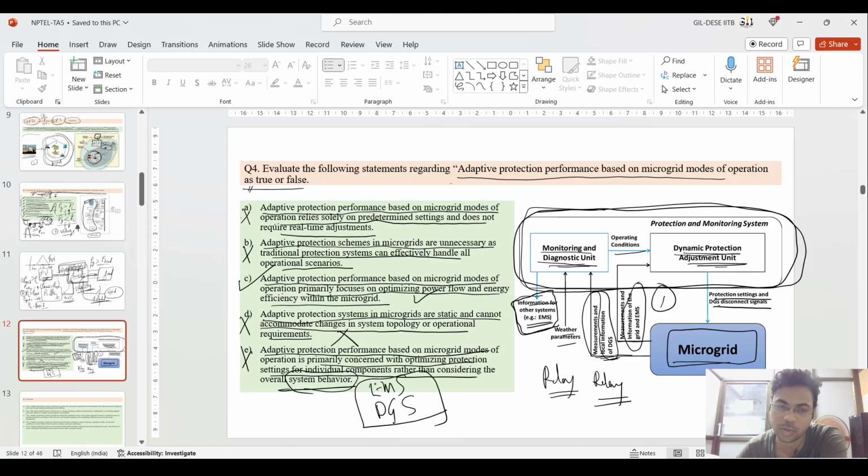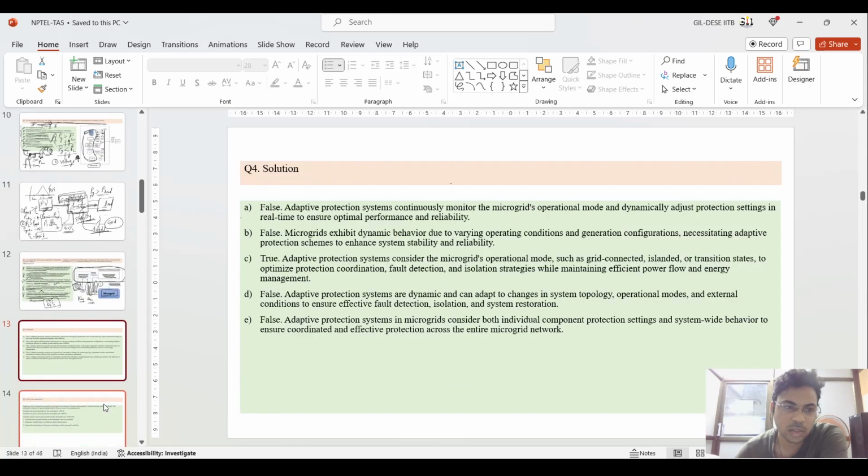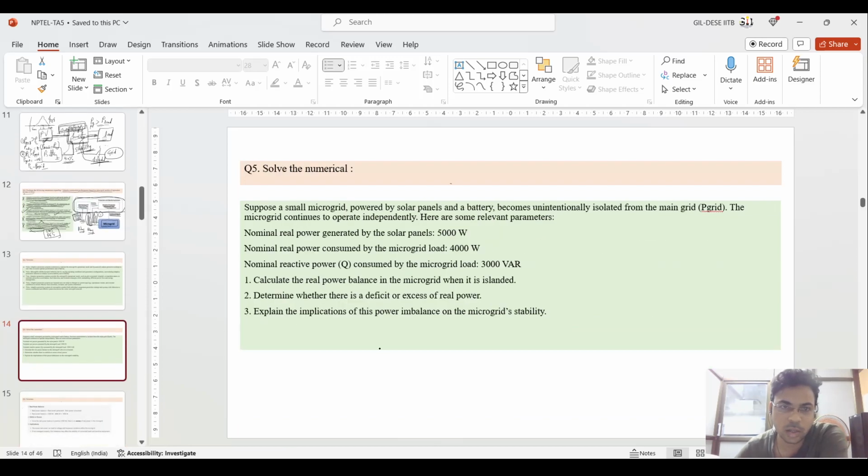Not only the energy management system, it also takes the information of the distributed generation sources. Okay, so C is true and the other statements are false.